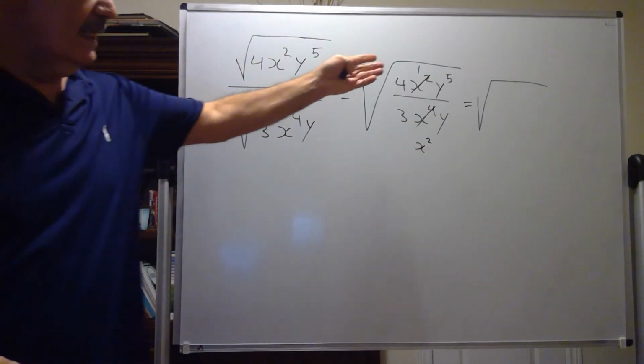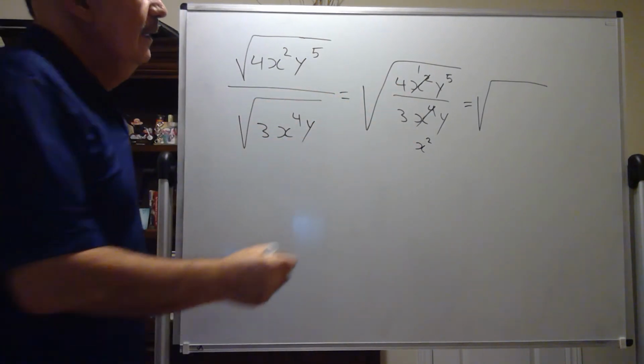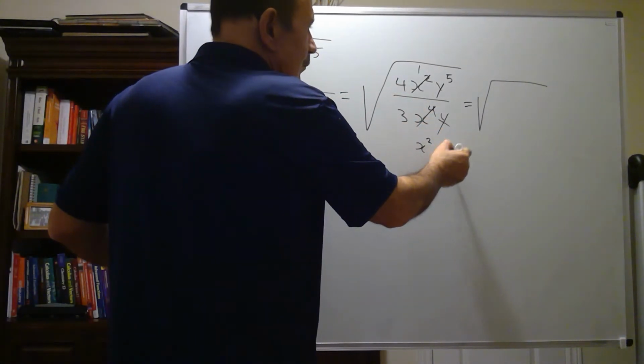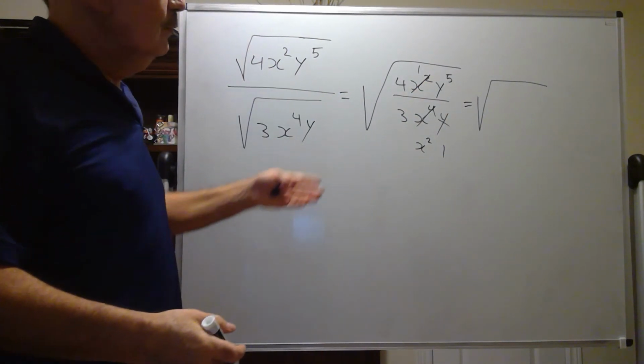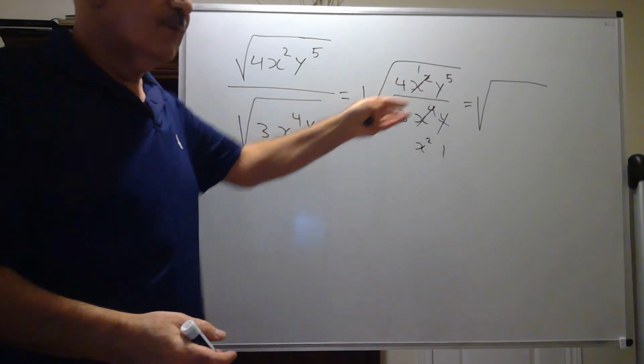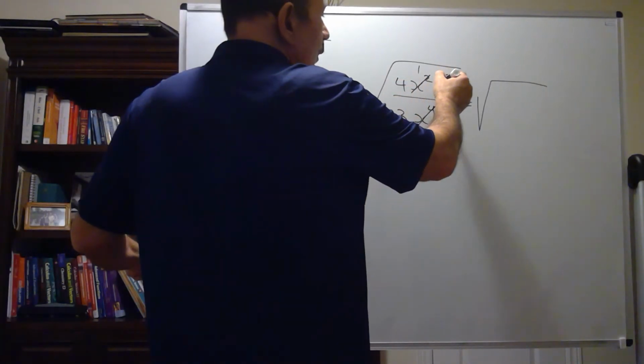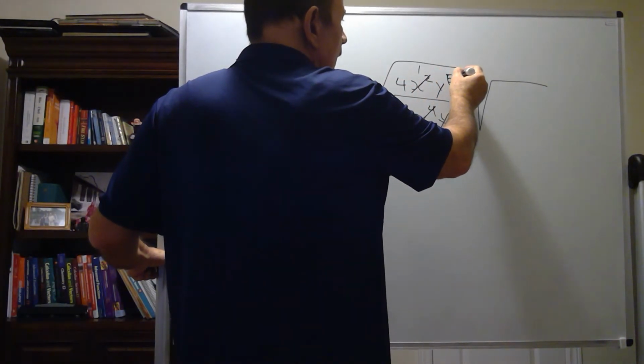And y divided by y is 1, and y to the power of 5, we can write as y to the power of 4 times y, where y is cancelled, and the result is y to the power of 4.